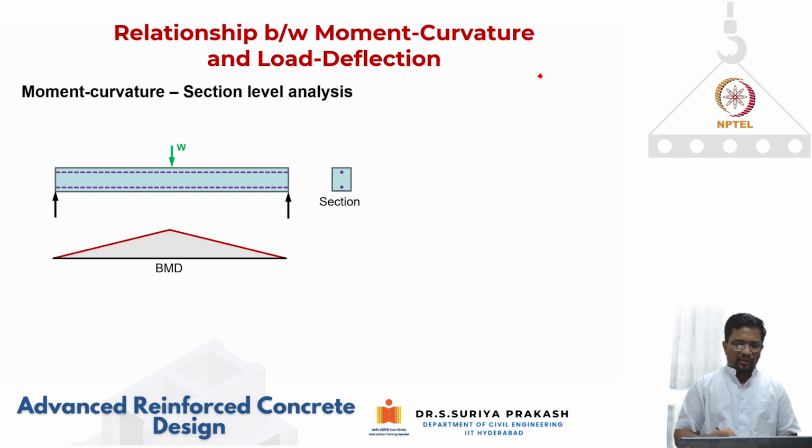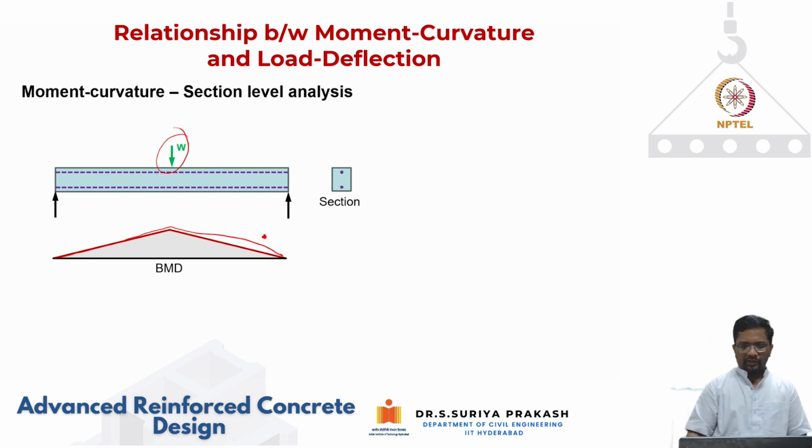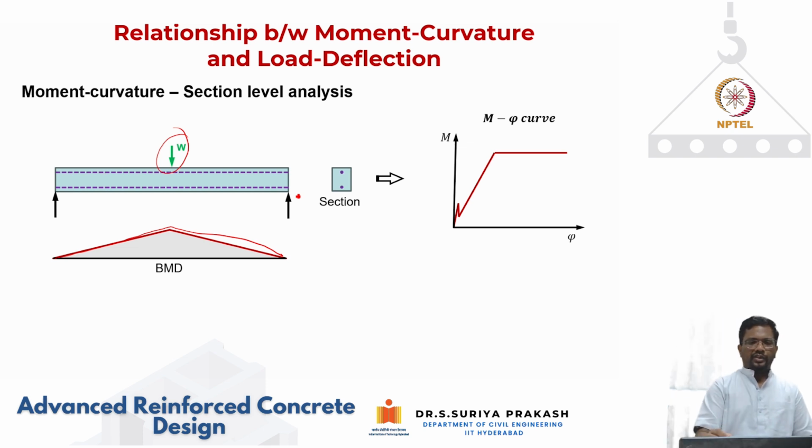For example, let's say for this beam that is doubly reinforced, which is subjected to a point load, we know from statics that the bending moment diagram is going to be like this. Now, let's say that this beam has the same cross section, just for simplicity, to illustrate the concept.